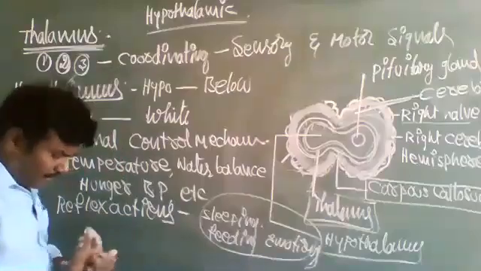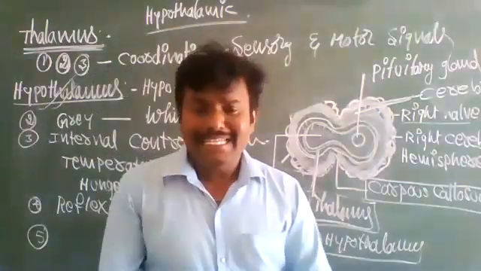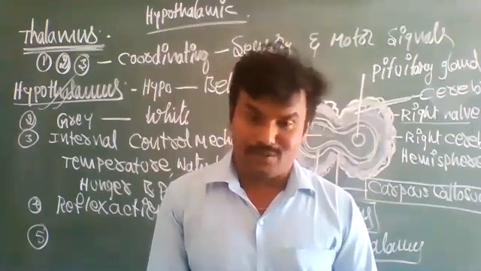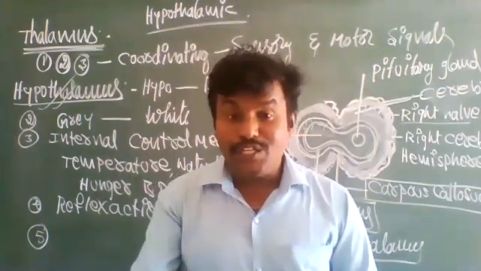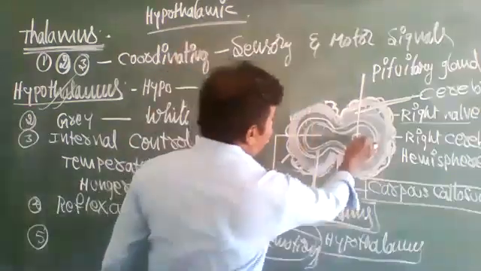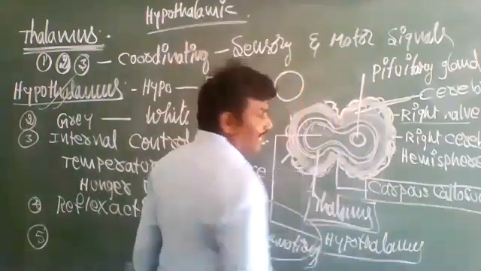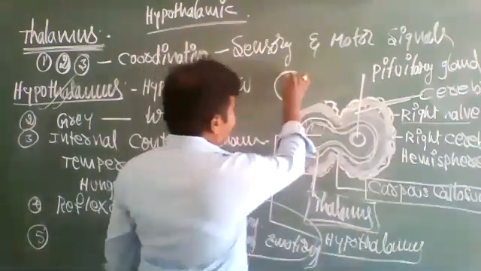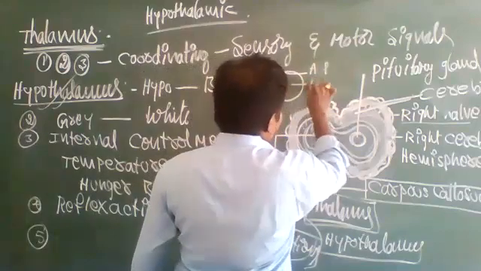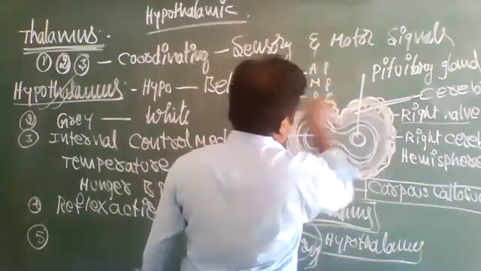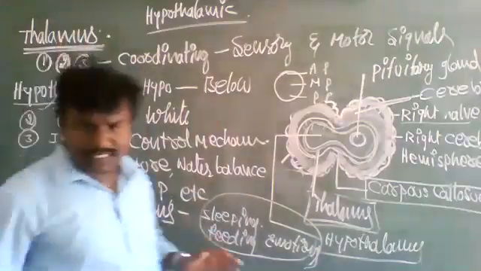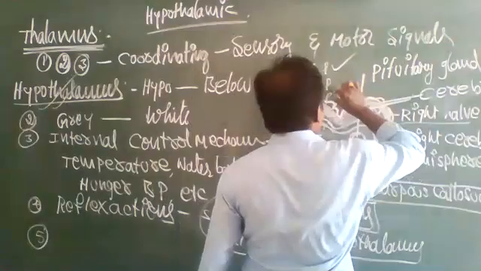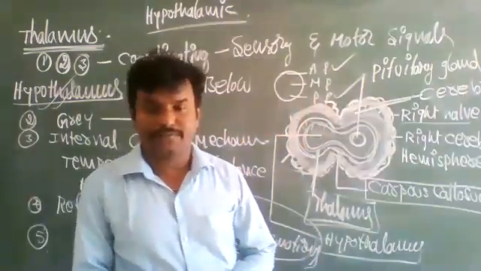So hypothalamus also controls the synthesis and secretions of anterior and posterior pituitary hormones. This is the pituitary gland. This pituitary gland is divided into three parts: anterior pituitary, middle pituitary, posterior pituitary. This hypothalamus controls the synthesis and secretions of anterior pituitary and posterior pituitary hormones.